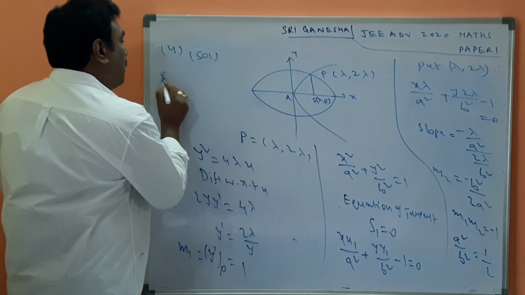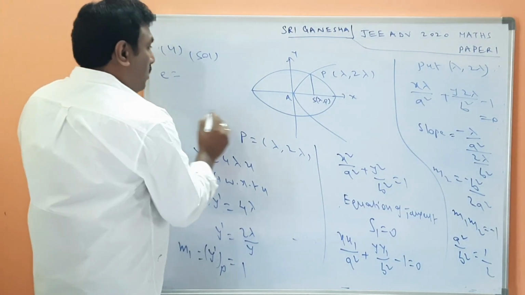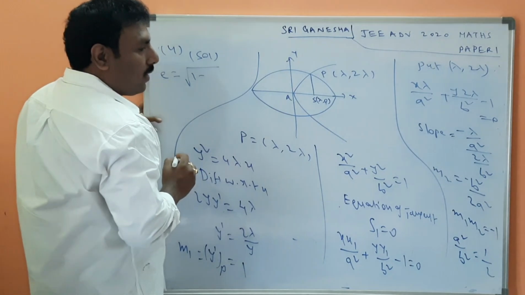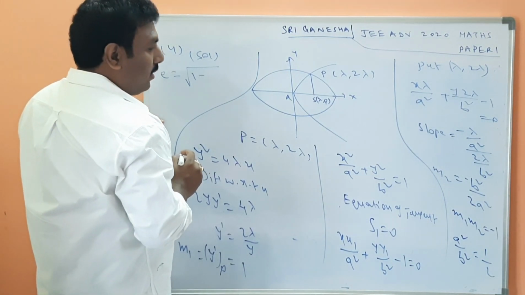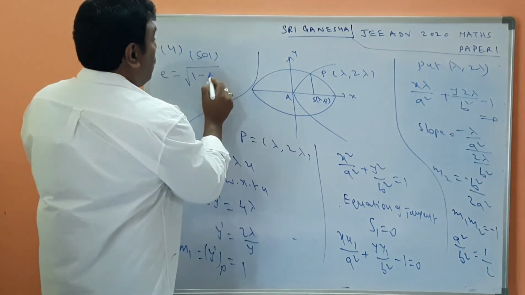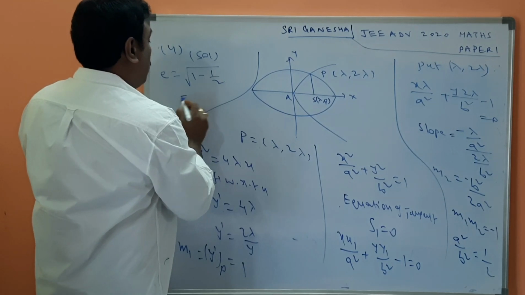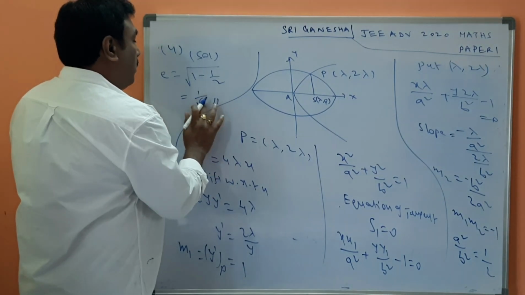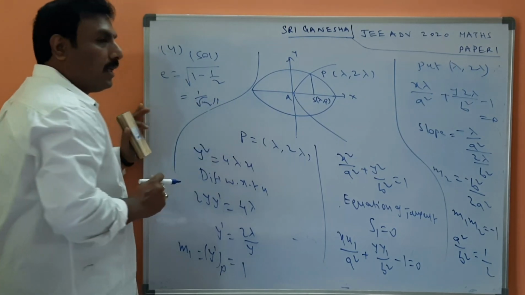Finally, e value is root of 1 minus a square by b square, that is root of 1 by 2, which is 1 by root 2. Option A is correct.